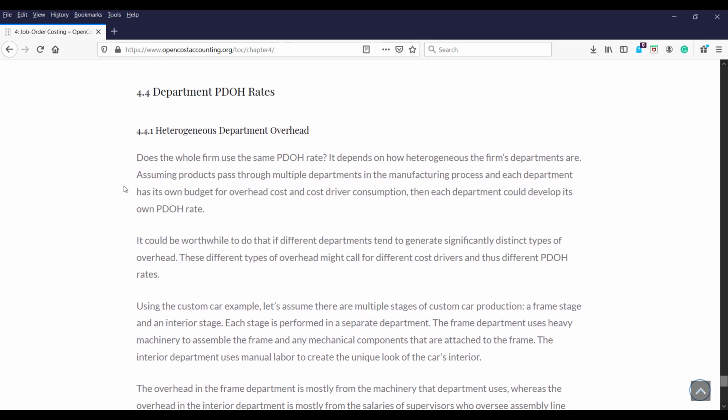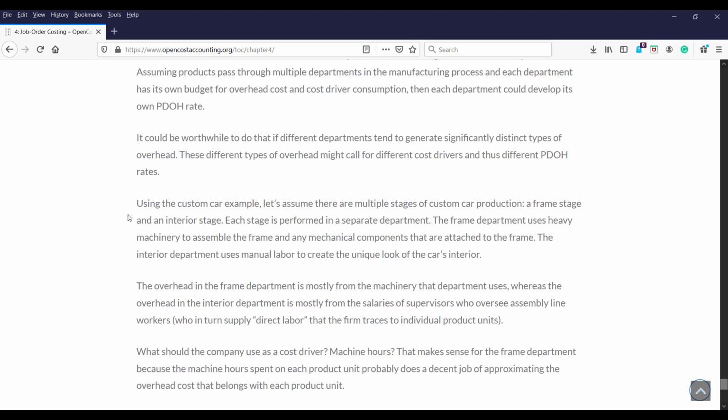Lastly, in this chapter, we talk about department PDOH rates, because sometimes in the example above, for example, the custom car example, I skipped over the part where in the paragraph I said, last year the firm used direct labor hours, this year it's using machine hours. Sometimes there's some debate.